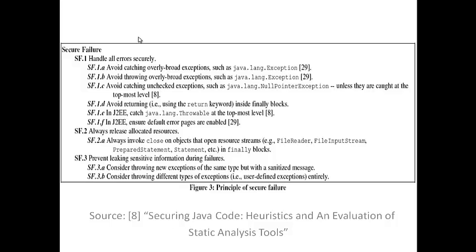This coding heuristic suggests that all the exceptions need to be handled individually instead of using a broad exception class. By following this explicit way of handling the exceptions, we can ensure the principle of secure failure is followed, as the developers would get a chance to understand each and every possible way the code would fail.